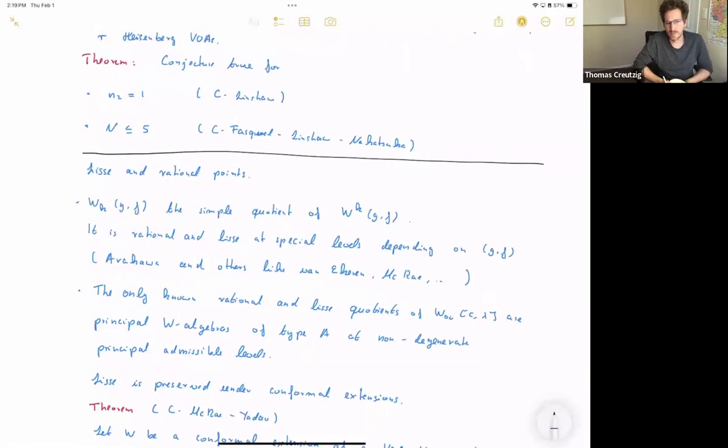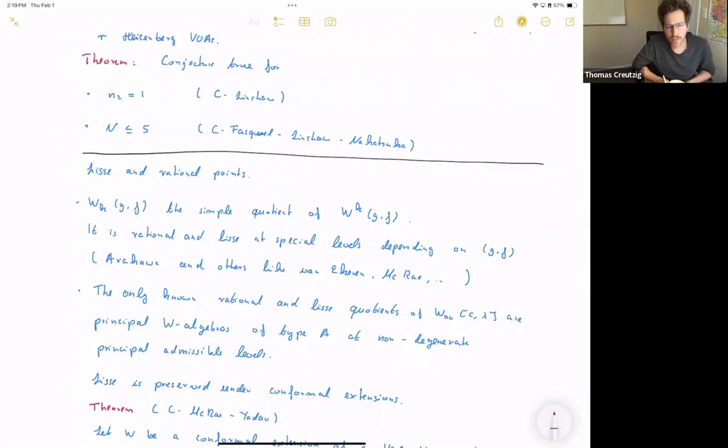We didn't prove exhaustiveness, but it's quite likely exhaustive that the only W-infinity quotients that are rational and Lisse are the principal W-algebras of type A. So for the principal nilpotent element, whose rationality Tomoyuki proved a long time ago.